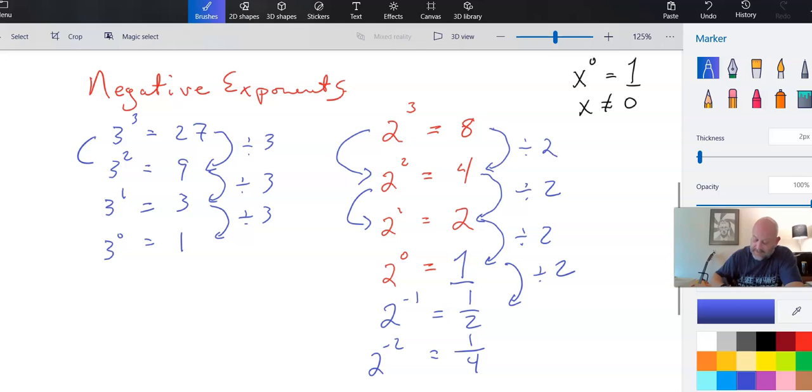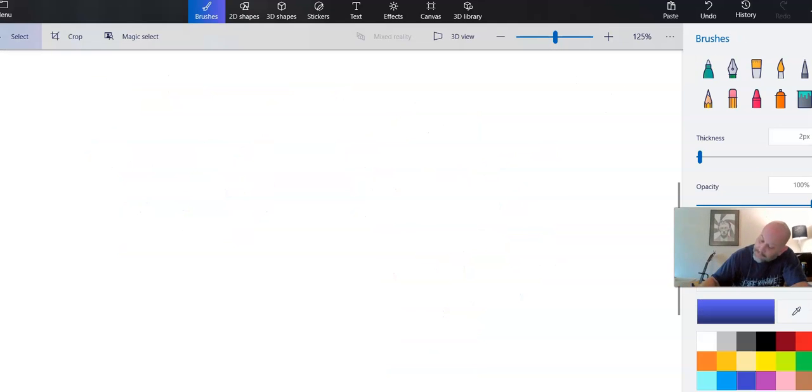What it ends up boiling down to, though, just so we're clear on this, you can see where that pattern is headed. It turns out if I have x to the negative n power, it ends up being 1 over x to the n.